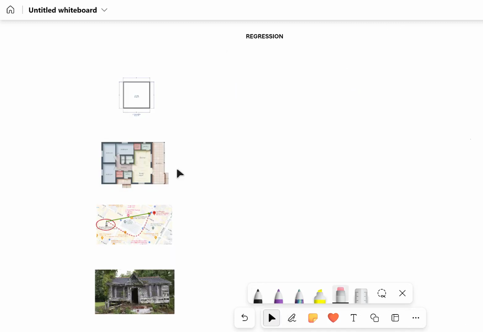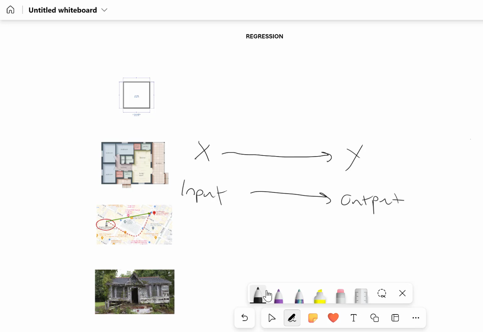So supervised learning is simply using an algorithm which looks at to learn X to Y, or input to output, which are mapped together. So the output, I'm going to put output label.